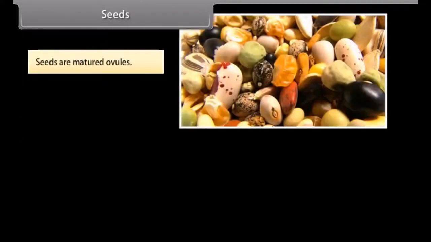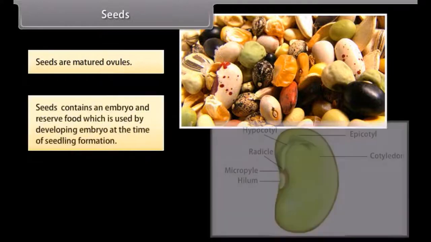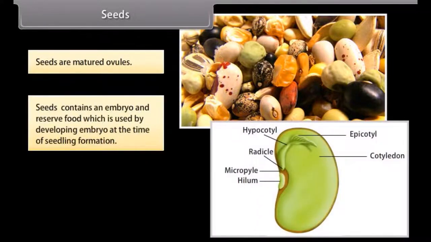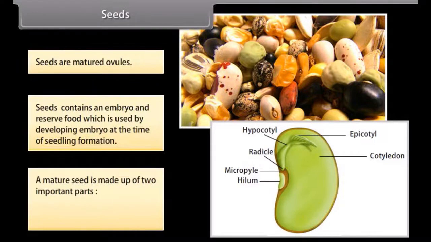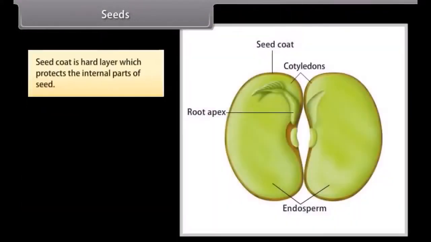Seeds. Seeds are matured ovules. Seeds contain an embryo and reserve food which is used by the developing embryo at the time of seedling formation. A mature seed is made up of two important parts: seed coat and embryo. Seed coat is a hard layer which protects the internal parts of the seed.